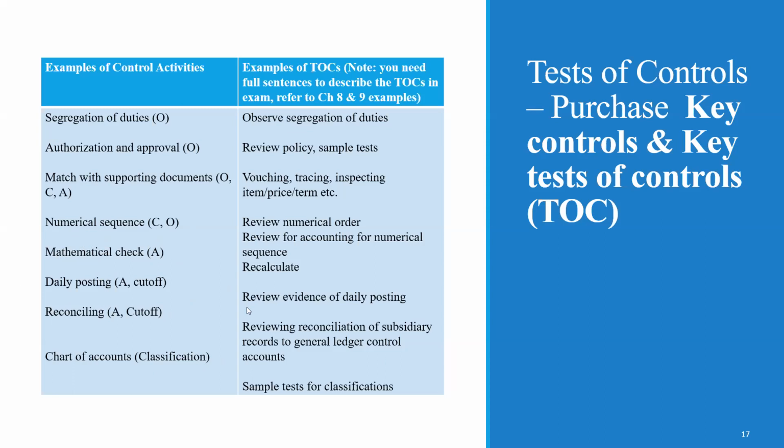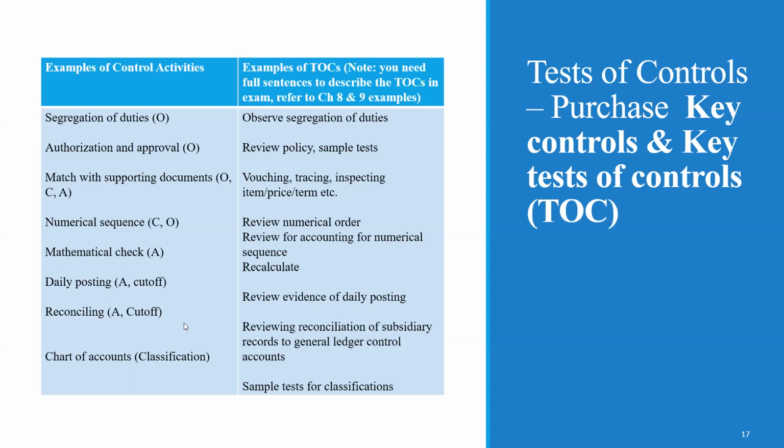And for cash disbursement, often you need to look at the cash daily posting and also the proper bank reconciliations. And classification is important, so the right transaction and the right account should be accounted in.